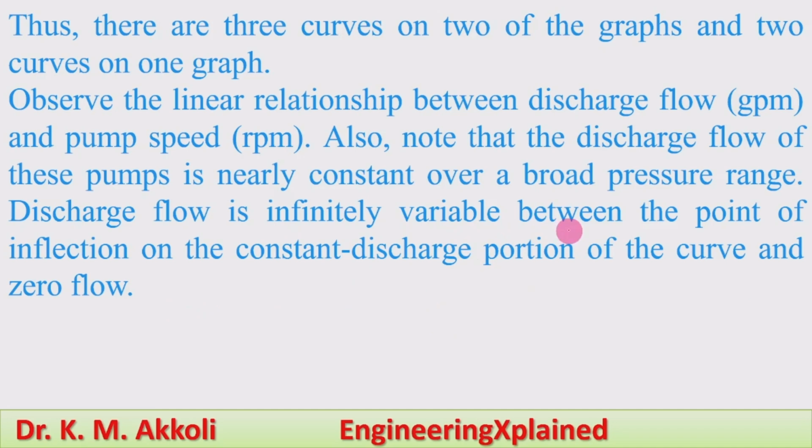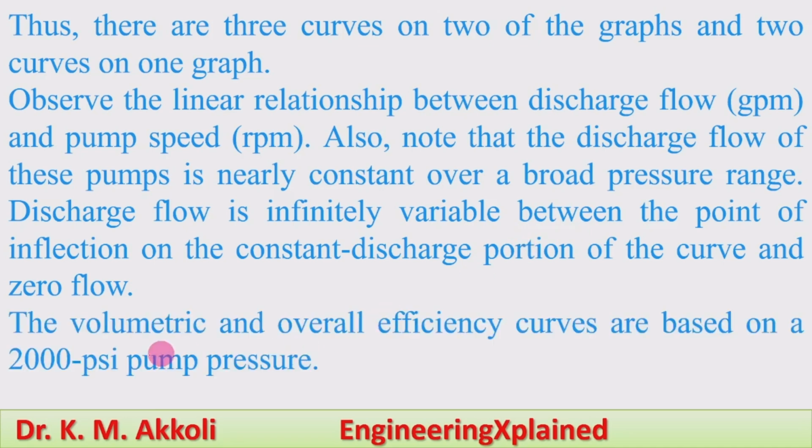But after a certain pressure range, it becomes zero flow. The volumetric efficiency and overall efficiency curves are based on 2000 psi pressure, and the variation we have already discussed.